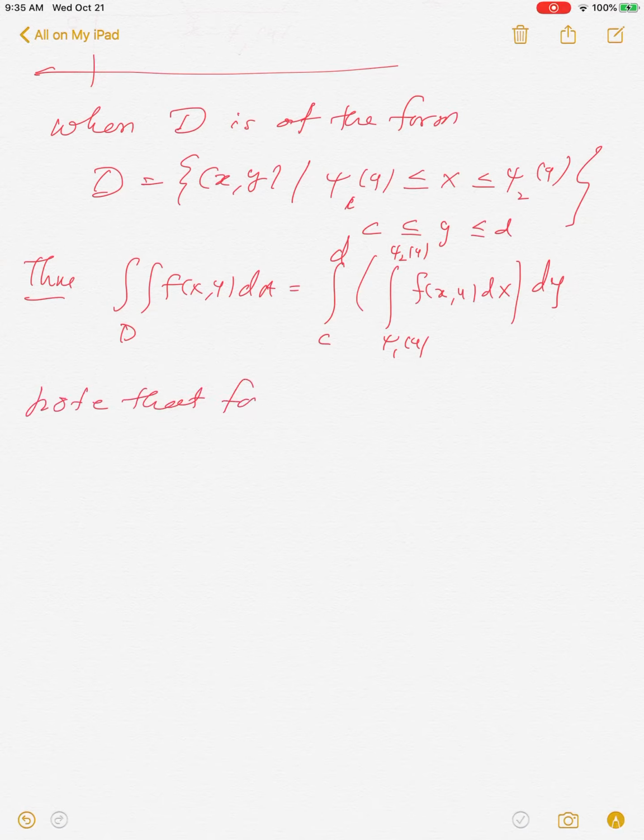Note that for D's of this kind, the order of integration gets changed.